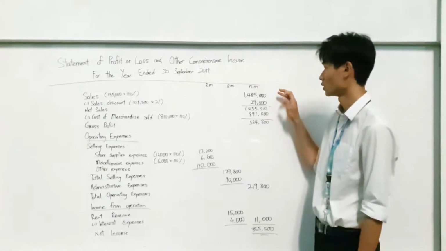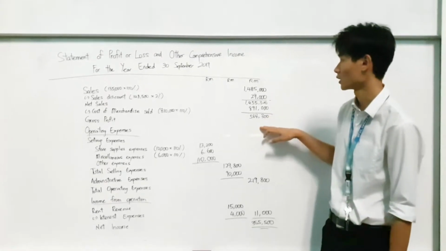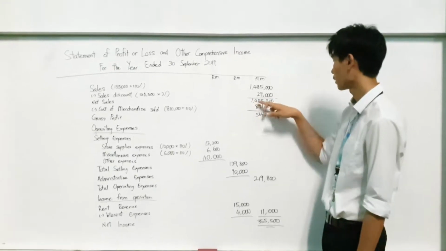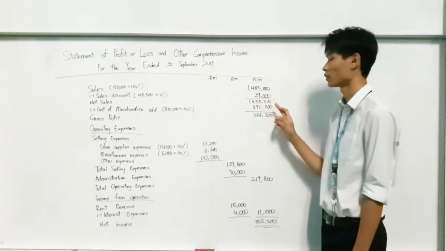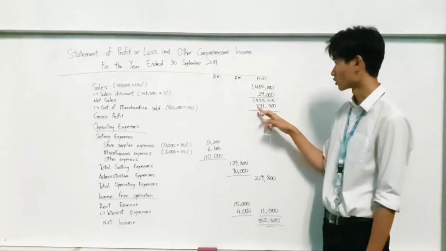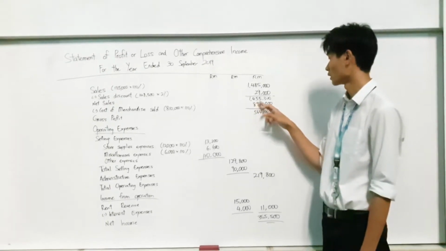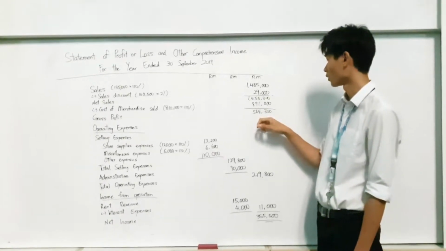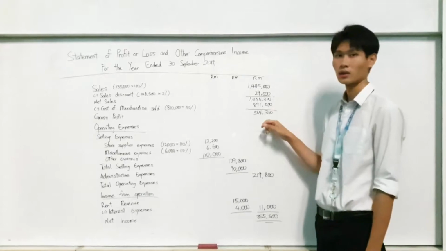The gross profit is sales minus the cost of merchandise sold, which the total net sales is 1,455,300 ringgit minus the cost of merchandise sold, which is 891,000 ringgit. So we get a gross profit of 564,300 ringgit.